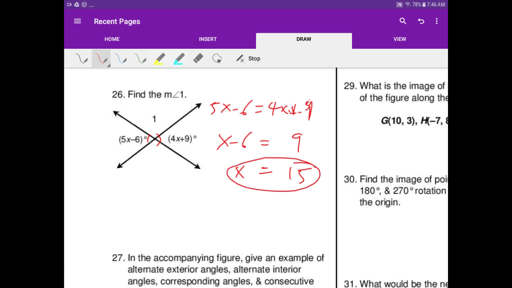I'm going to plug this into this x here. So then that makes this angle 69 degrees. Nice. Minus 180. So that makes this angle here 111 because they add up to 180. So this is the answer, 111 degrees.